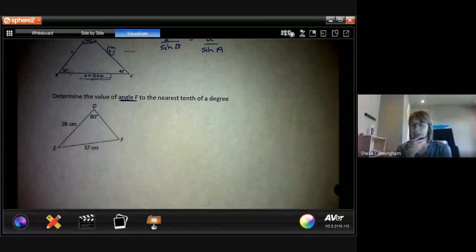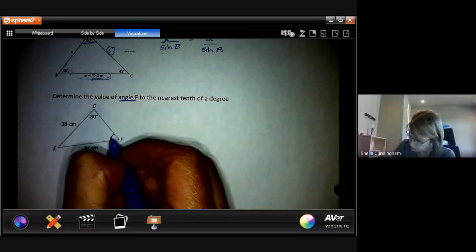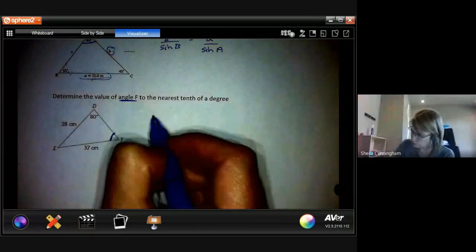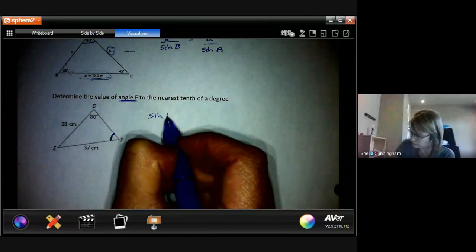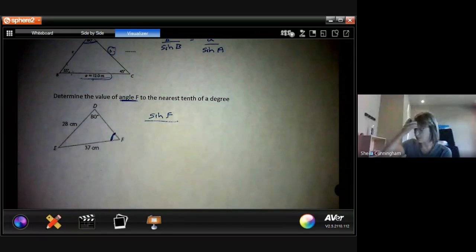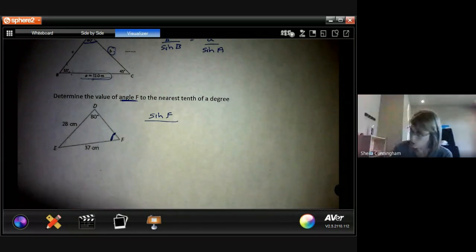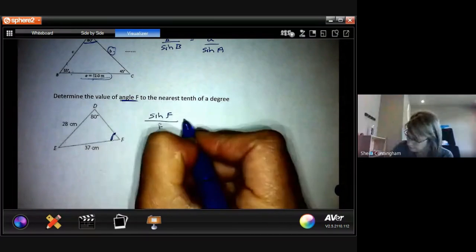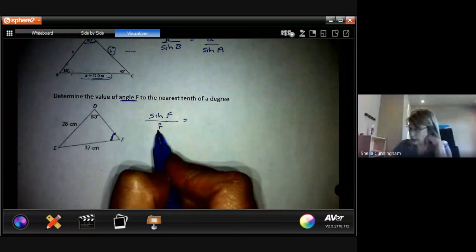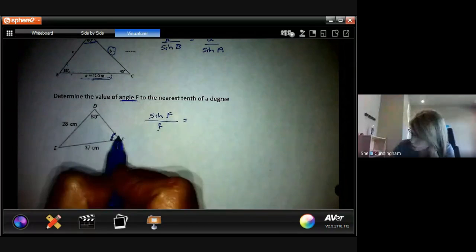So in this case, again, we need to find angle F. So this is the missing piece that we're trying to find. So if I am trying to find sine of F, that's my top part. Now what corresponds to that would be the little f for the corresponding side. So that's these two.